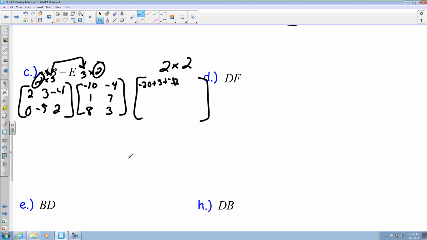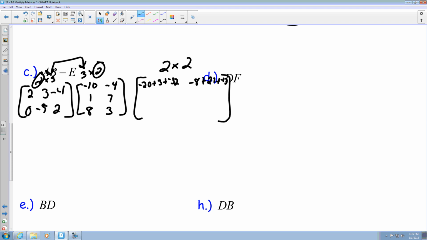I need some more room for the matrix. Let me erase this. Put it right here. Now I have row 1, column 2, so I'm going to use row 1 again, matrix A, turn it on its side, multiply it by column 2, matrix B. So that gives me negative 8 plus 21 plus a negative 12.